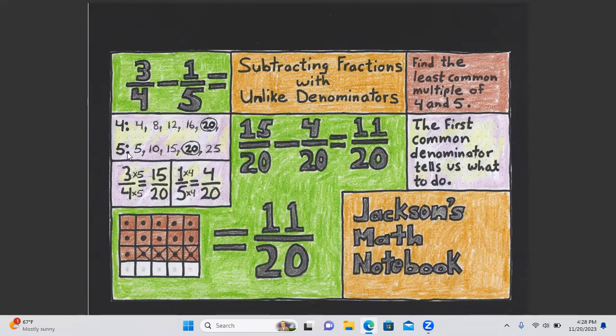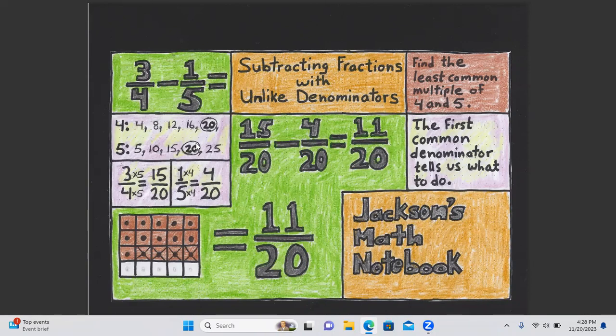If we count by fives, 5, 10, 15, 20, 25, we will notice that 20 is the least common denominator that they have in common, or the first common denominator that we find. So we're going to use 20 as our common denominator.